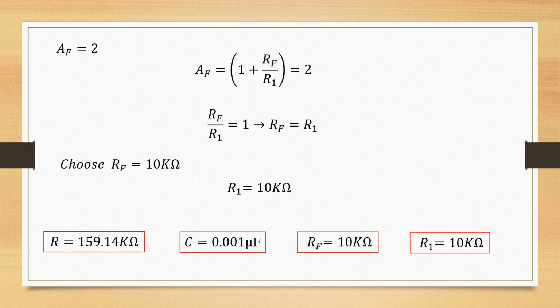Once the design is done, the second part of our question is to plot the frequency response curve of this filter. How do we plot it? It is nothing but the gain versus frequency. We have to vary the frequency and obtain the gain.